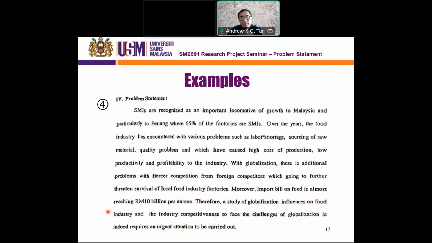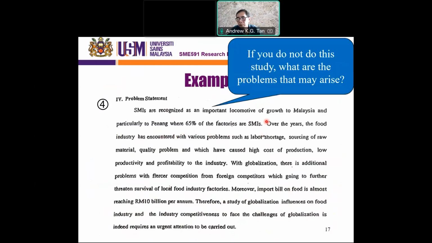The next one, again, SMIs are recognized as important locomotive of growth to Malaysia and particularly to Penang, where 65% of the factories are SMIs. Okay, what is the problem? What are the problems that may arise? First sentence, SMIs are recognized as an important locomotive of growth and particularly Penang, where 65% of the factories are SMI. All this should be in the introduction, right or not?